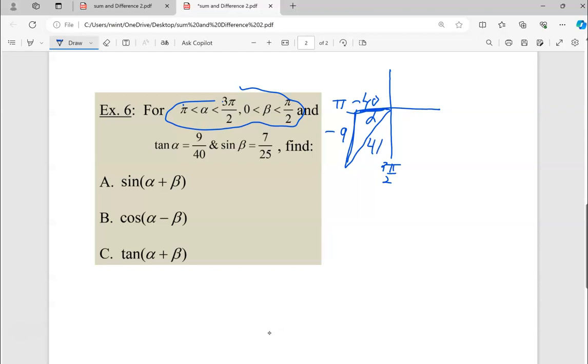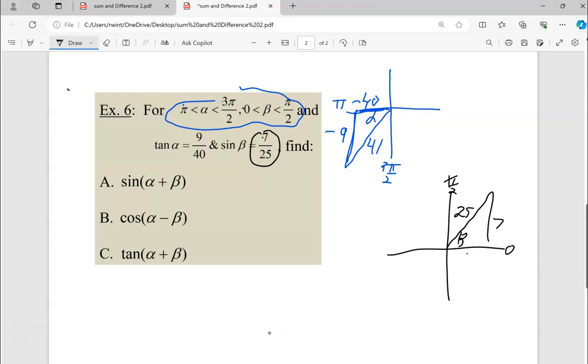And then, let me change colors here. We'll draw triangle B. B is between 0 and pi halves. Well, there's 0, there's pi halves. So there's triangle B. And it says sine of B is 7 over 25. So 7, 25. And again, I'll save you the a squared, b squared, c squared doing the Pythagorean theorem.